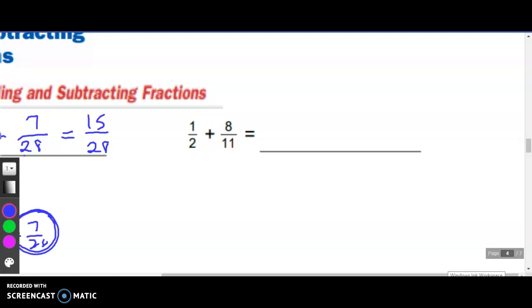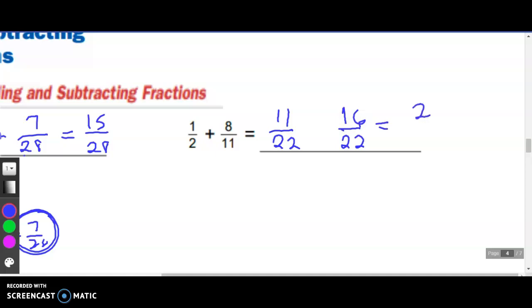Here, we ask ourselves, what would the common denominator be? The common denominator would also be when we multiply these two together in this case, so it would be 22. This would be times 11, so times 11 to the top would be 11 over 22. 11 times 2 makes 22, so 8 times 2 is 16.